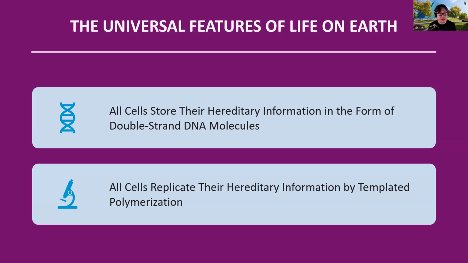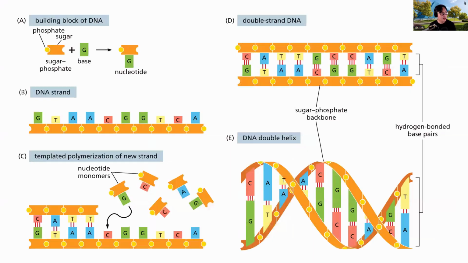Now, another thing that all cells contain, again, all cells store their hereditary information in the form of a double-stranded DNA molecule, and they need to find a way to replicate that. We're going to go through this list, okay? And so through different types of processes, here is the base blueprint of what you should already understand. So I'm going to start introducing another topic right now.